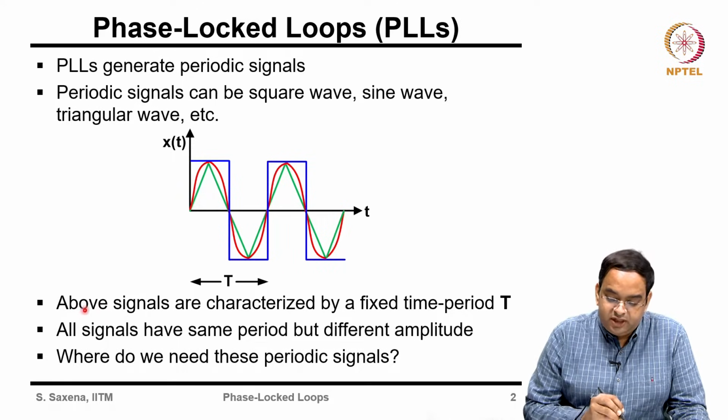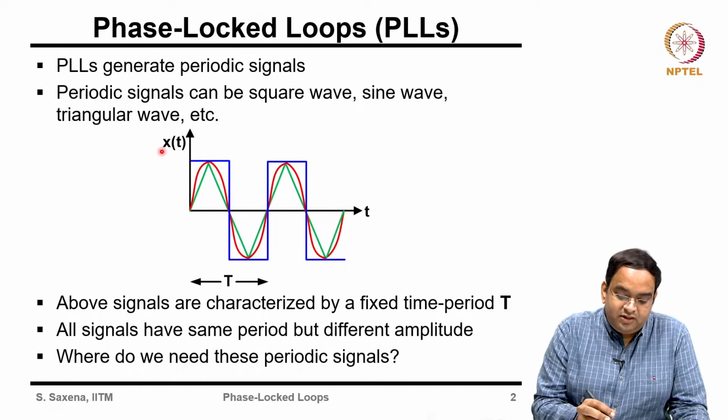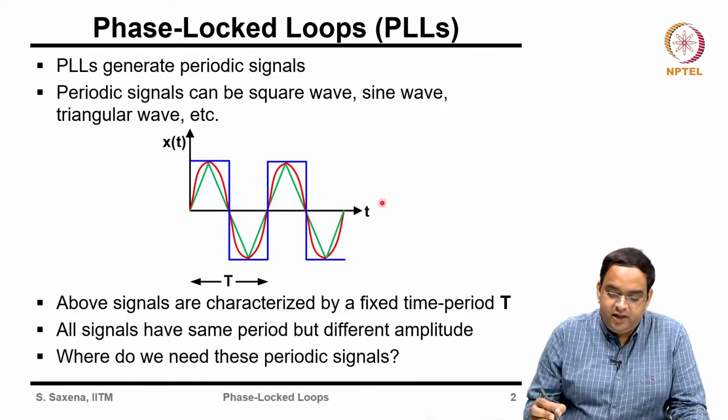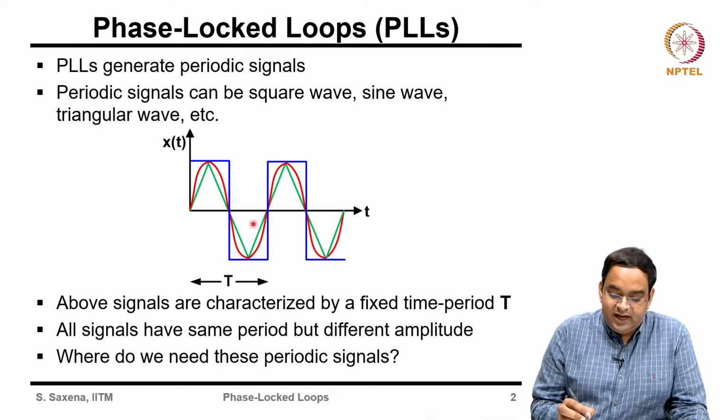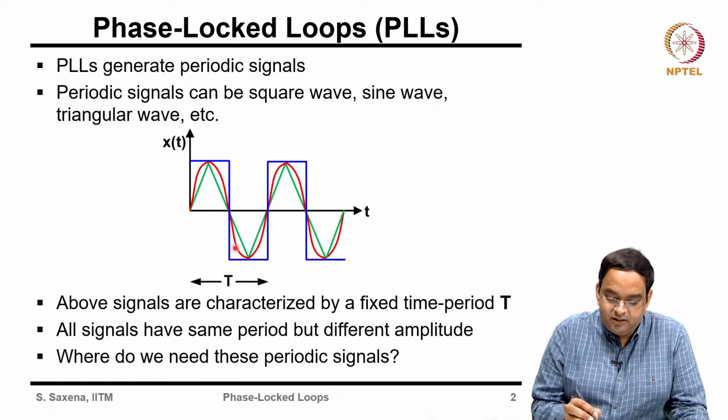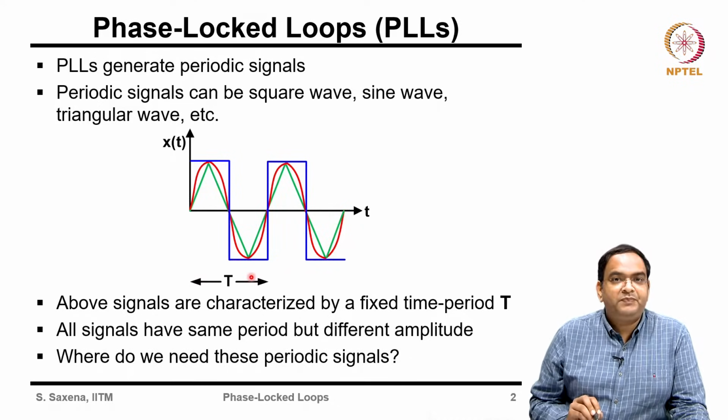So, in this particular case, you see the signal x of t plotted versus time. You see a square wave which is drawn in blue here. It has a time period T. Time period T means that this signal as such repeats every time period T.